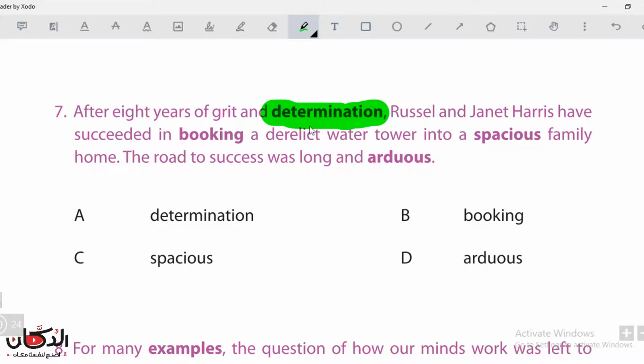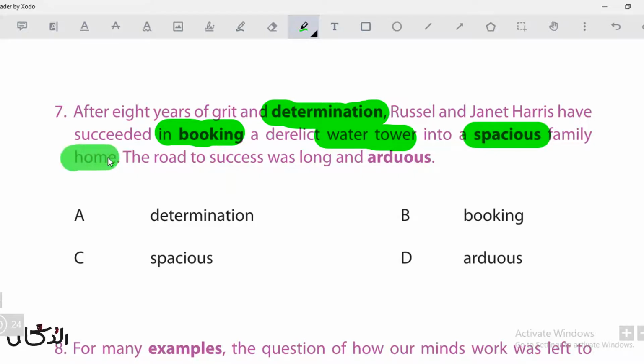Yes. Okay. Think of booking a water tower. Can you book a water tower into a spacious home? Yes, a home can be spacious, so it's correct. Okay, but the route to success was long and okay, arduous.